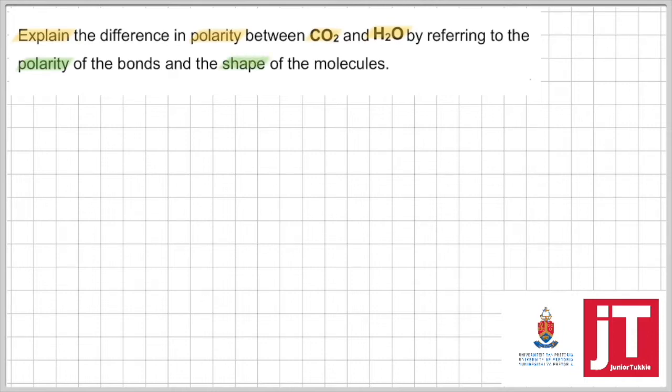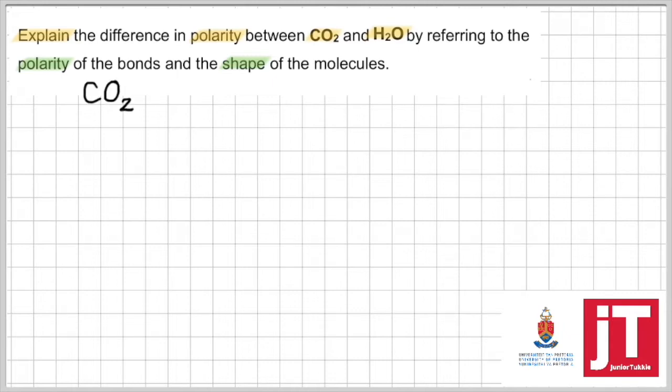So we need to decide if carbon dioxide is polar or non-polar, and we need to do the same with water. In order to do so, we're going to be following the steps that you will find in your theory booklet. So make sure to download and read through the theory booklet that you can find on the Junior Techie website. We're going to start off by analyzing carbon dioxide.